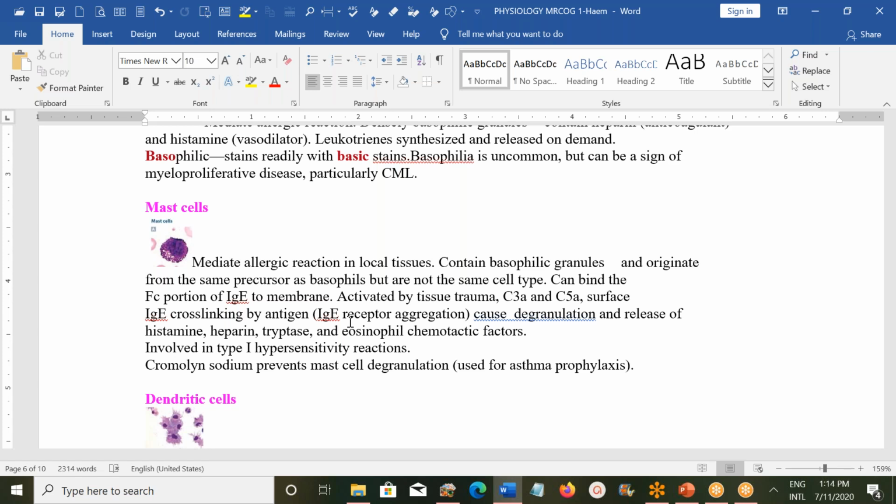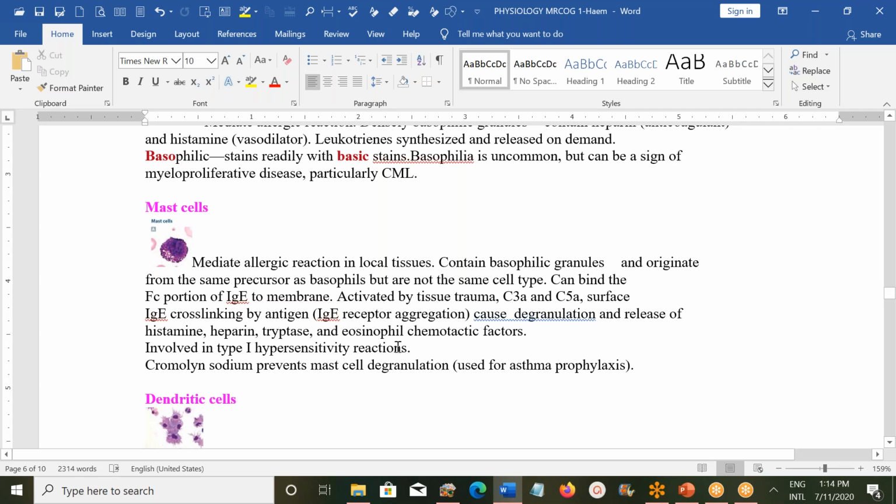Then cromolyn sodium will prevent mast cell degranulation. That's why it is used for the prophylaxis of asthma. Cromolyn sodium can be in the form of tablets or in the form of inhalers. If someone is found to have allergic reactions, then you will have to measure the level of tryptase.